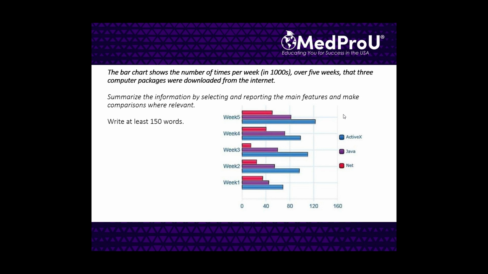ActiveX, correct. Which one is the least? The least is Net. So now, based on this bar chart, what can we group together? Which one has a similar pattern?